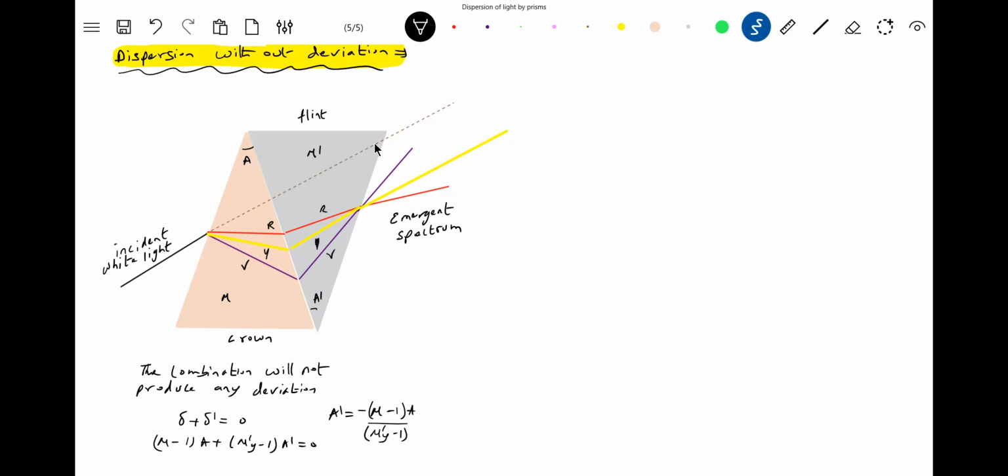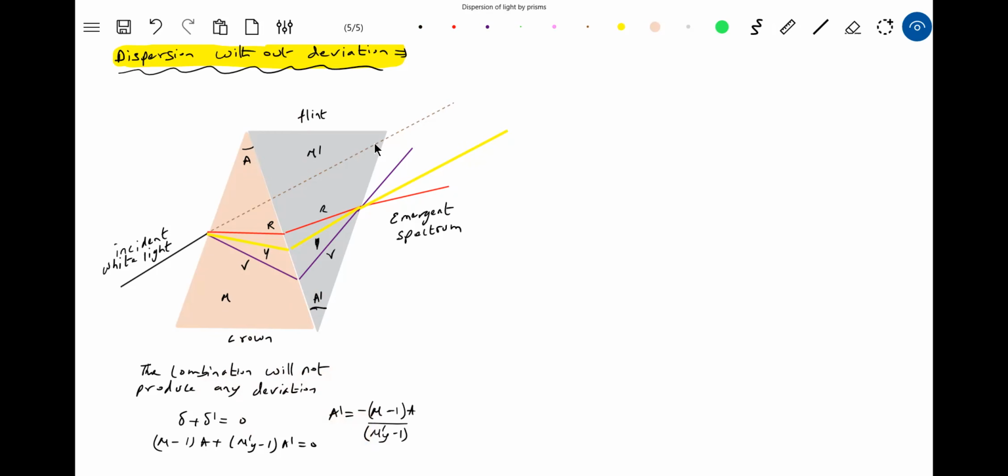What do you mean by negative sign? They should be placed in the opposite sense. The two prisms should be placed in such a position that this will be inverted and the bases will be inverted. That is the meaning of this negative sign. The combination will not produce any deviation, so the net deviation is 0.